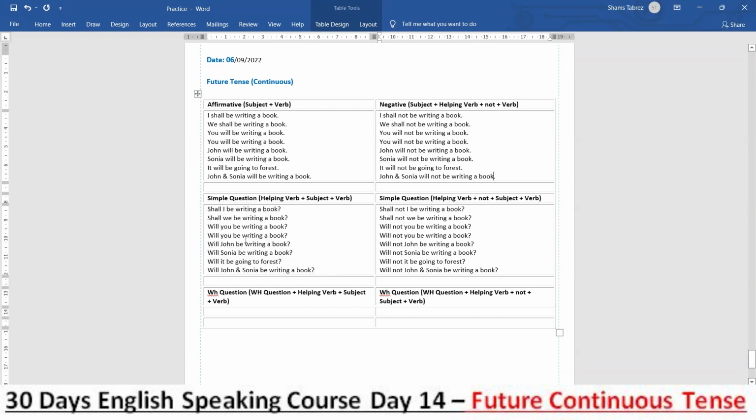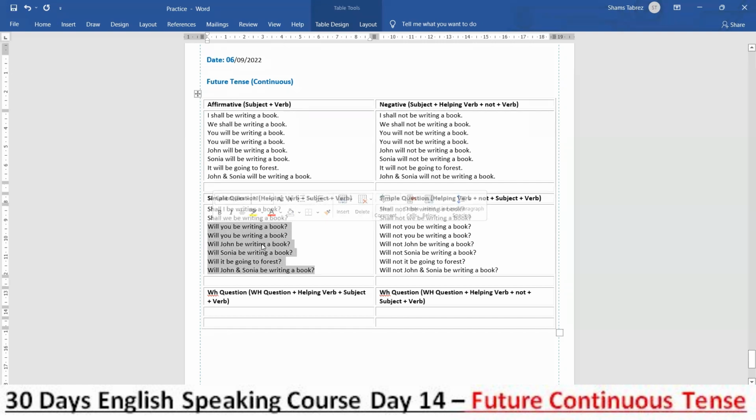So for example, you can say, shall we be writing a book? क्या हम book लिख रहे होंगे? Then the answer will be yes, we shall be writing a book if it is affirmative. If negative, we shall not be writing a book. So similarly, you please take this example, then with Sonia and this.